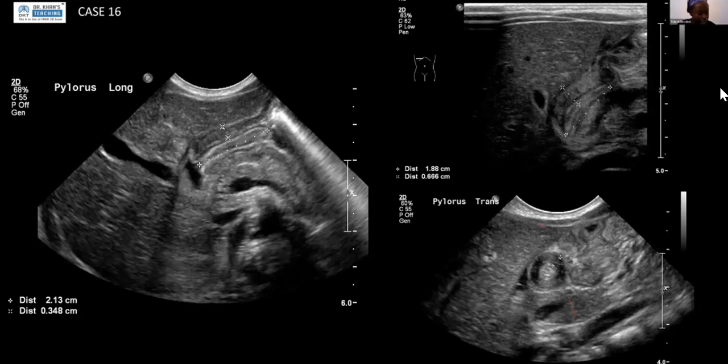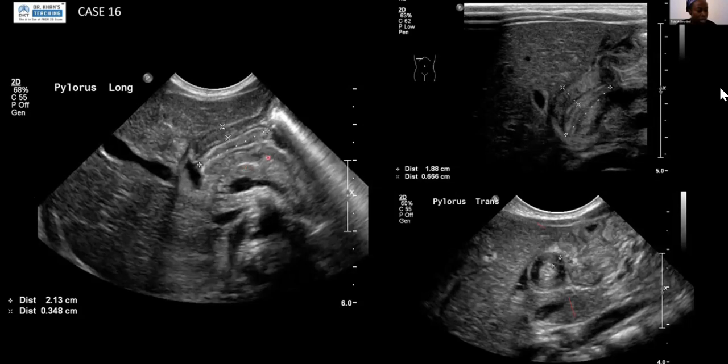Yeah, perfect. That's exactly the case. So this is a case of hypertrophic pyloric stenosis. Here we've got the pylorus, we've got the stomach, which you can't see fully on this image. This is pancreas, and then this is liver. The pylorus normally sits between the pancreas and the liver, so I use that as my landmark when I'm looking for them on ultrasound.